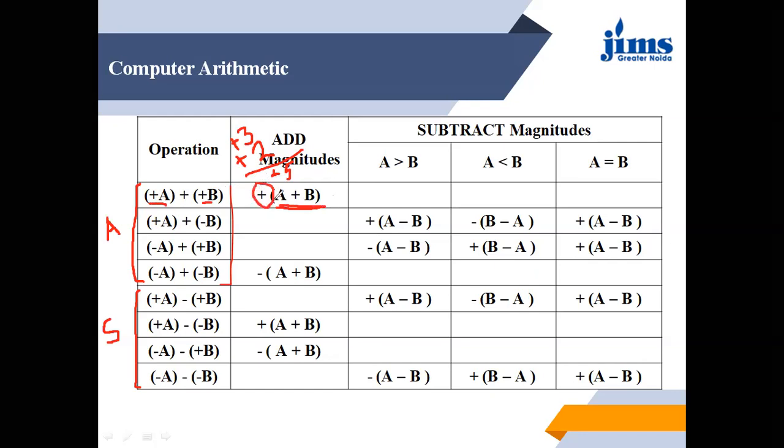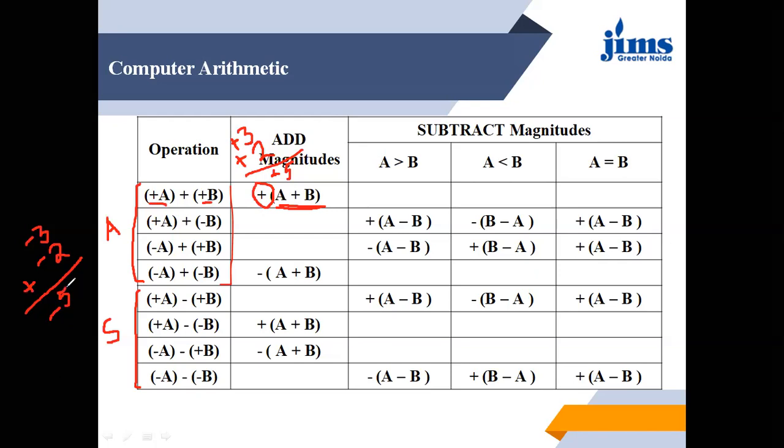Next, when we add two negative numbers, suppose minus 3 and minus 2, I will get minus 5.